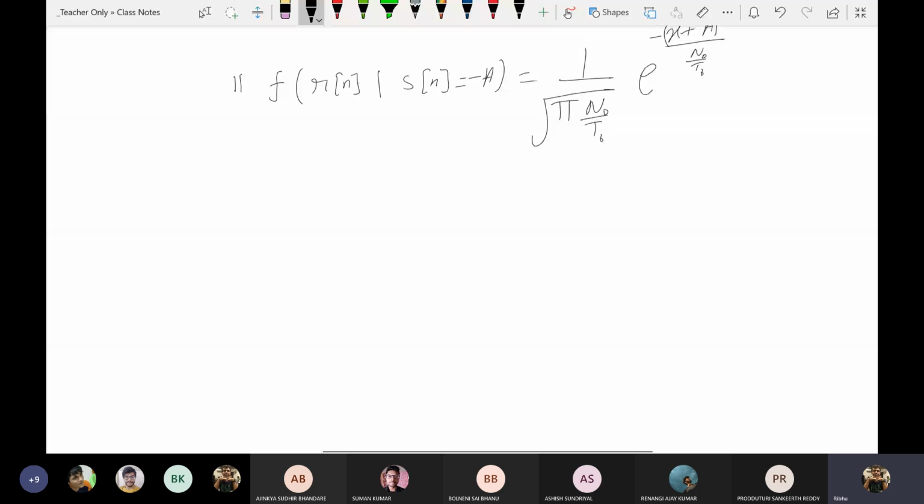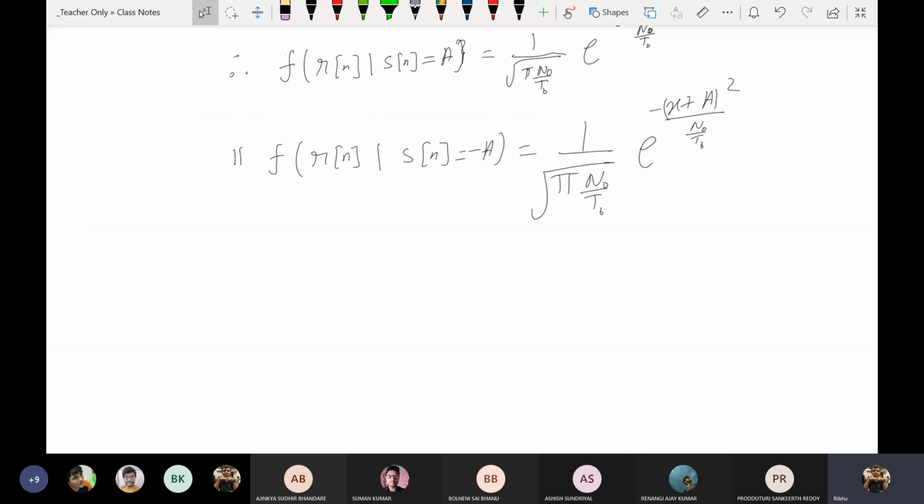Now based on this, we want to obtain an estimate S hat n of Sn based on Rn. Fine.